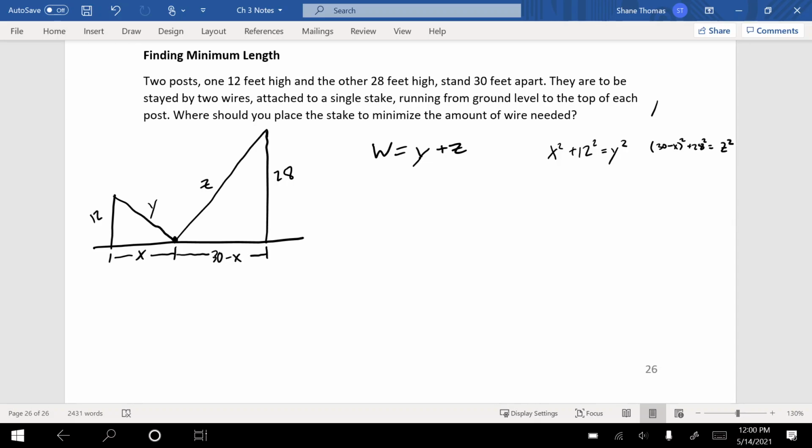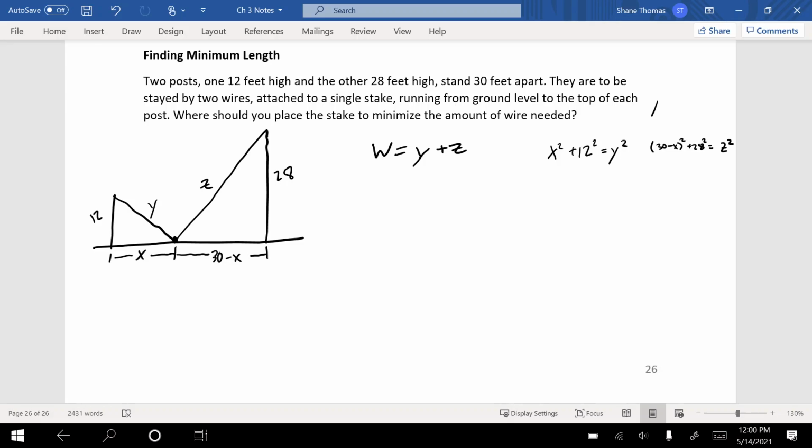Still agree with me on that one? I don't think that's too crazy. What do both of those equations have in them? What variable? They both have an x. So couldn't I solve the first one for y and the second one for z, plug them both into y and z over here, and everything's in x's then? See what I'm saying? All right, let's do that.